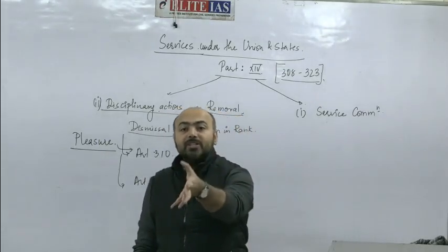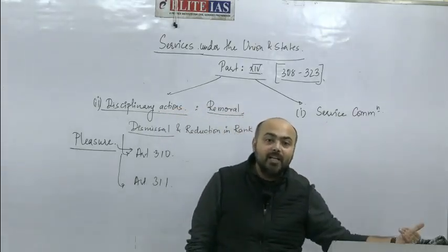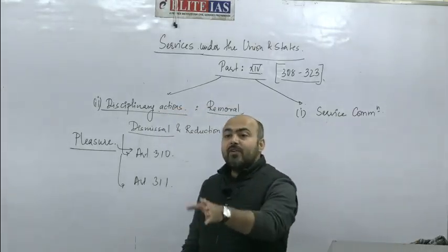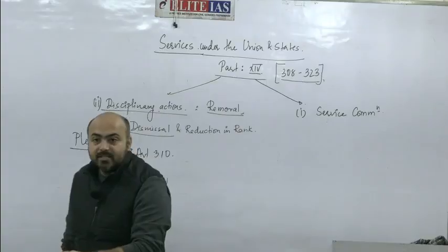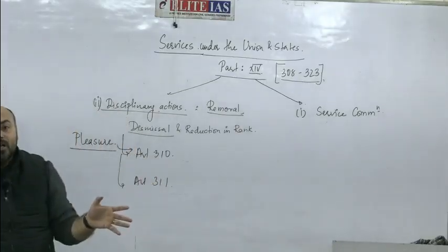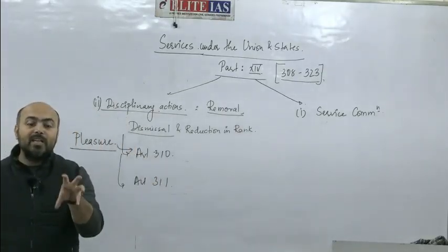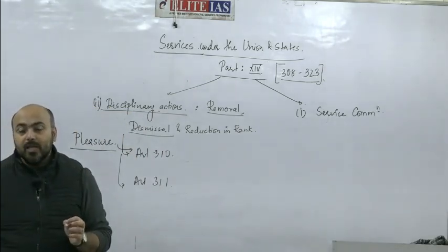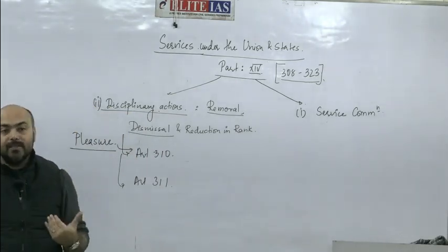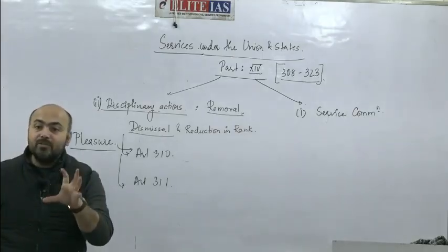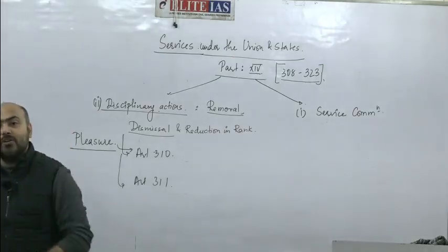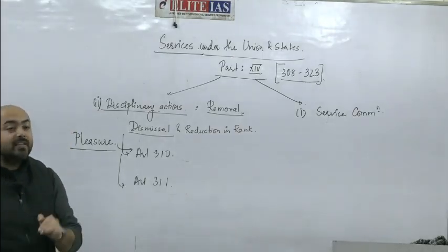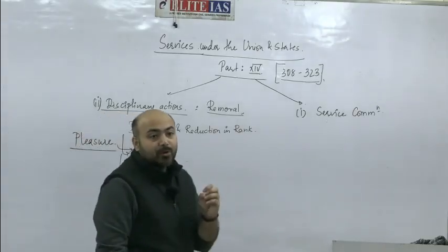But there are some decisions taken by political authorities not to promote public interest, but to promote the interest of an individual or a political party. In those cases, it is because of Article 311 of the Constitution that civil servants get some due protection.